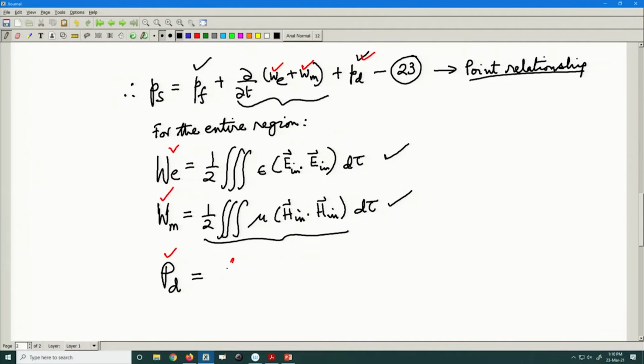So, this is found by performing a triple integration over sigma E in square d tau, which was small p d. So, this is the net power that is converted to heat energy.